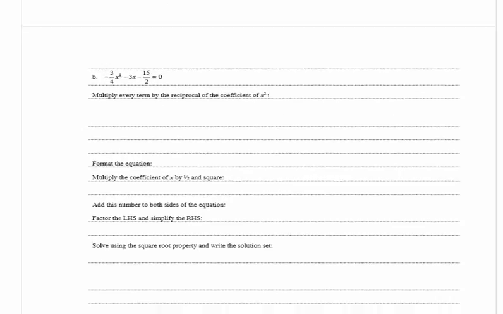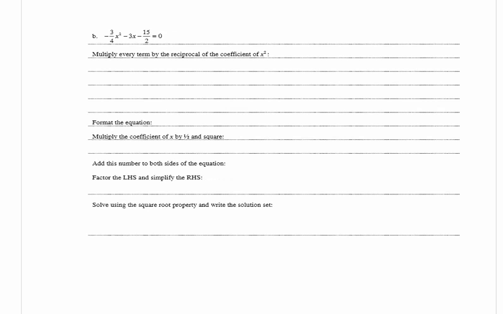In B, we have negative 3/4 times x squared minus 3x minus 15 over 2 is equal to 0. We want to multiply every term by the reciprocal of the coefficient, and the reciprocal of negative 3/4 is negative 4/3.